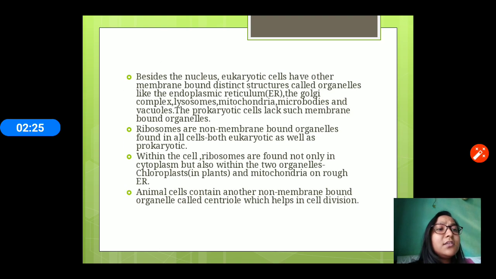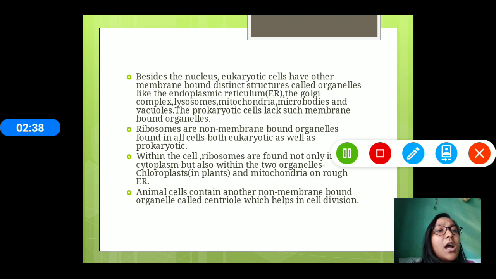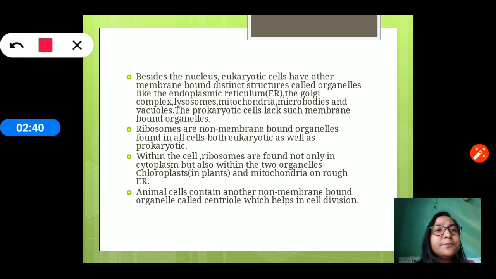Besides the nucleus, the eukaryotic cells have membrane-bound organelles, for example, endoplasmic reticulum, Golgi complex, microbodies, or lysosomes. But prokaryotic cells lack such membrane-bound organelles.